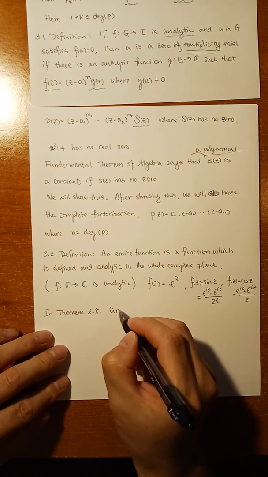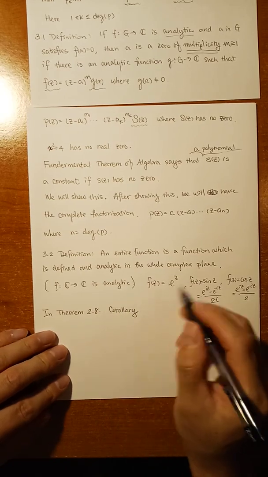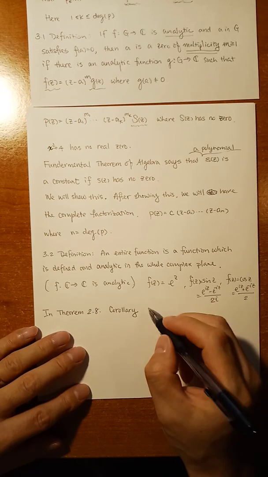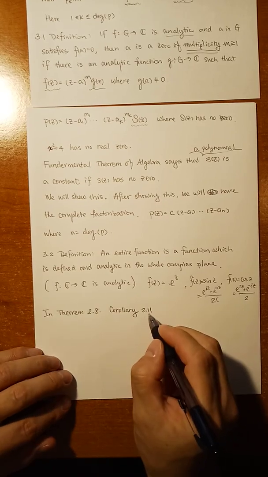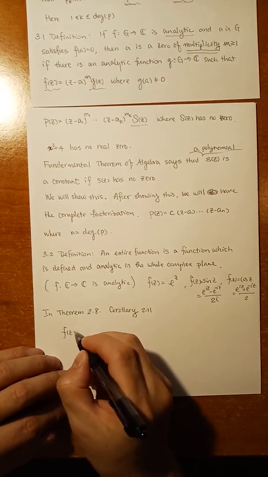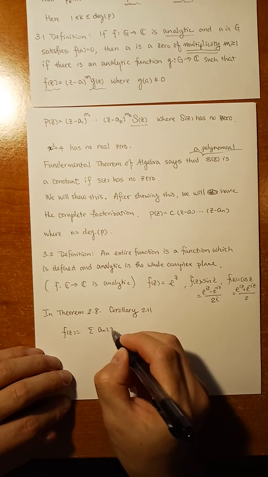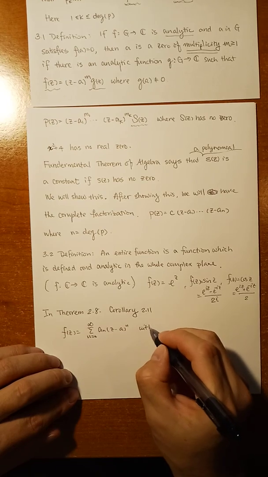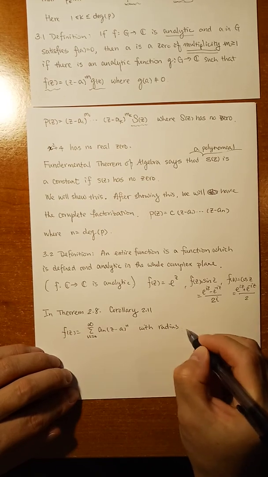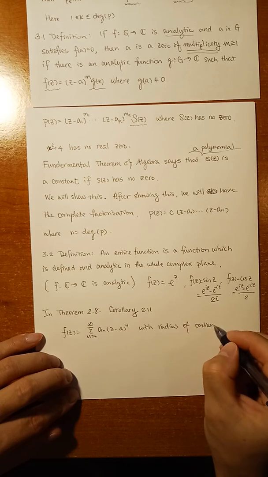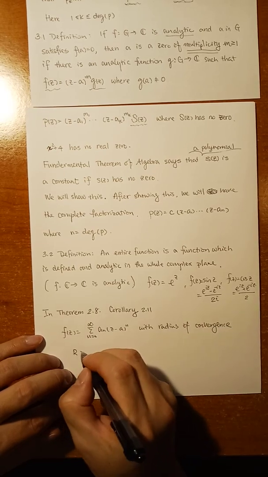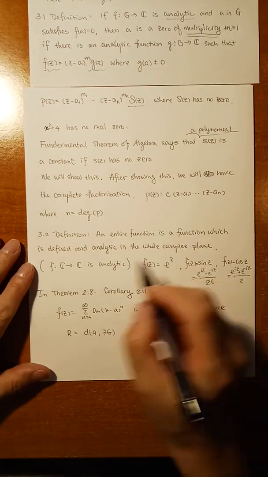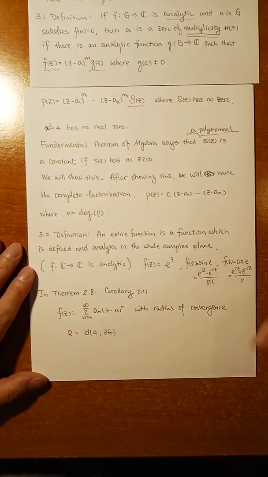And we know that in theorem 2.8 and corollary 2.11, f of z is equal to the sum of a n times (z minus a) to the nth power, n from 0 to infinity, with radius of convergence r. What is r? R is the distance between a and the boundary of G, the boundary of the domain. But here, its domain is the whole complex plane. Its boundary is infinity.